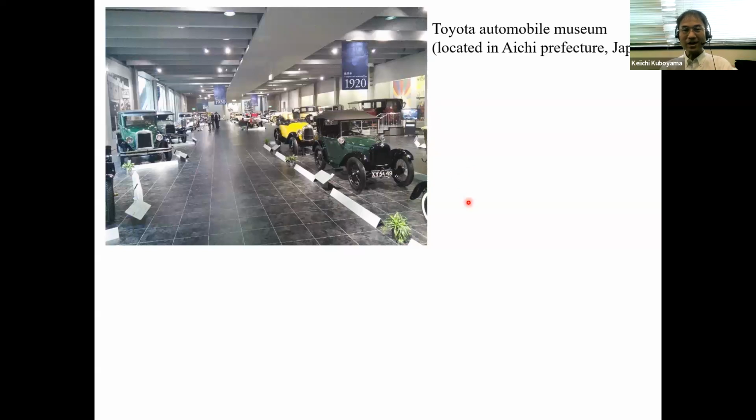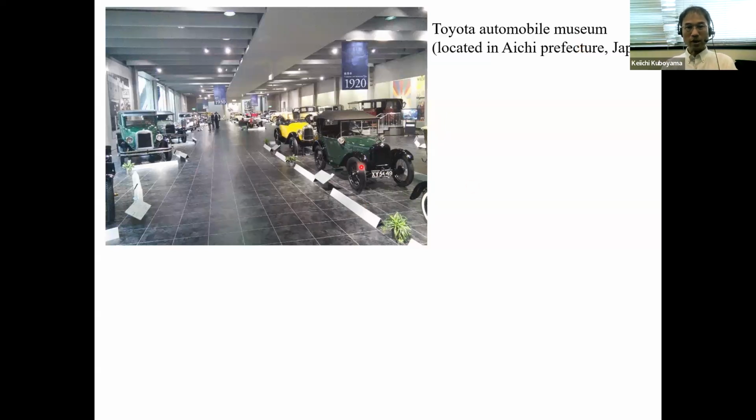But now I need to show you this one, so I'll explain here. This picture is from the Toyota Automobile Museum. This museum is located in Aichi Prefecture in Japan. And Aichi Prefecture is home of the Toyota Motor Corporation.